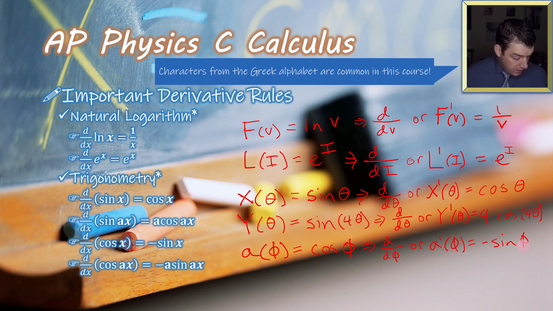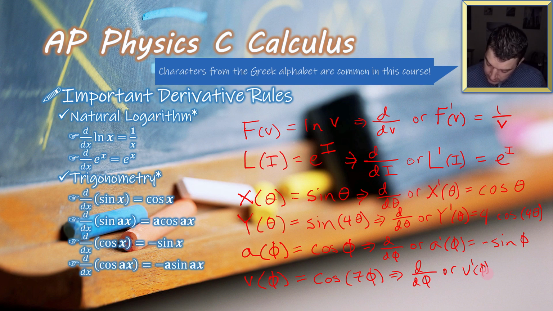And looking at another, multiplying it by a constant, let's use v of phi is equal to cosine of 7 times phi. The derivative based on that input phi, or v prime of phi, is going to equal negative of that constant, 7, times the sine of 7 phi.